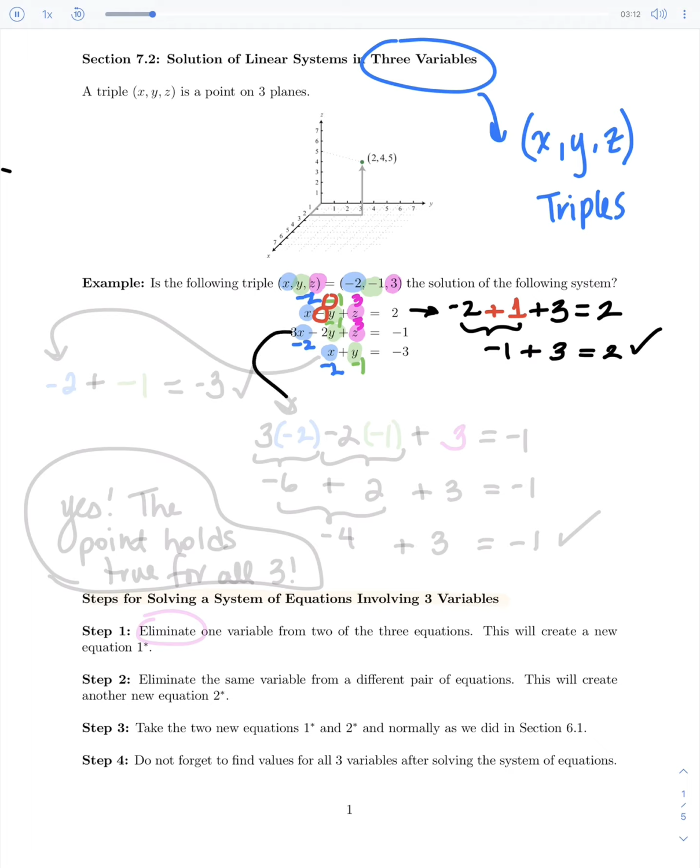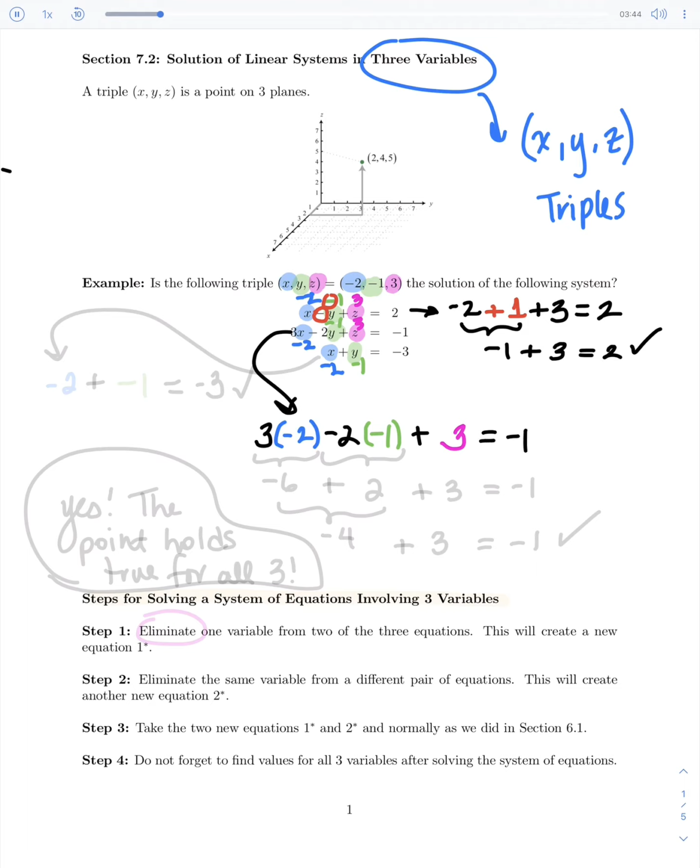Now I would need to check my second equation. For my second equation, I had my 3 times my -2 that I plugged in for my x, minus my 2 times my -1 I plugged in for y, plus my z, which was 3. And the question is, does that equal -1?